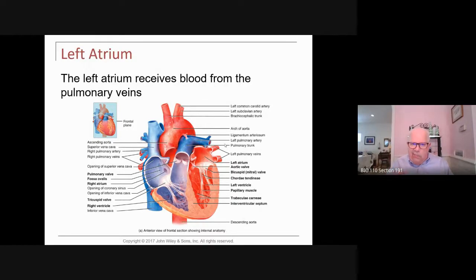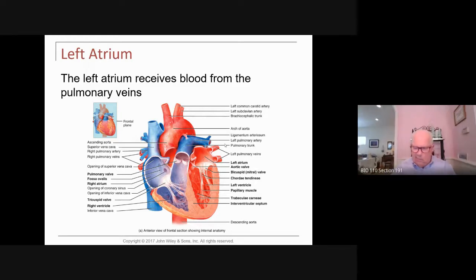The oxygenated blood from the lungs goes into the pulmonary veins. These pulmonary veins have oxygenated blood in them. In an adult male or an adult female that's non-pregnant, this is the only vein in the body that carries oxygenated blood, because the majority, 99% of all the other veins, carry deoxygenated blood.